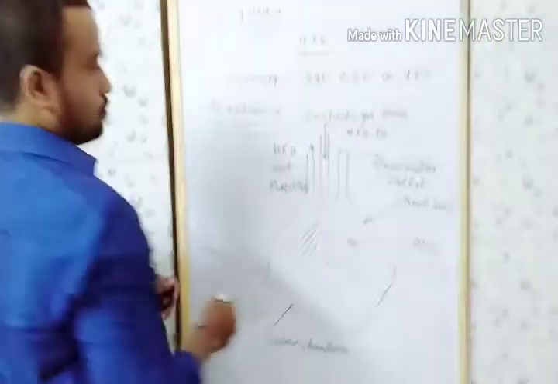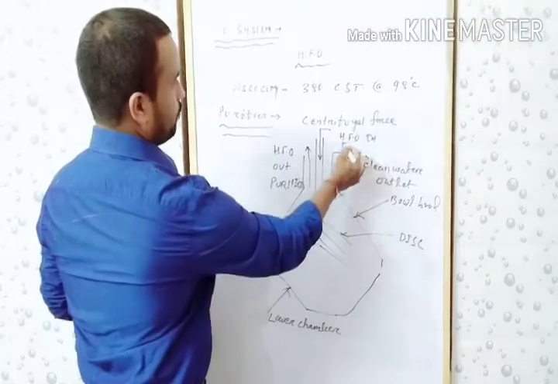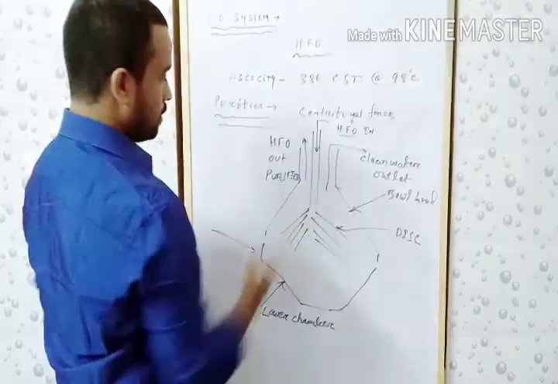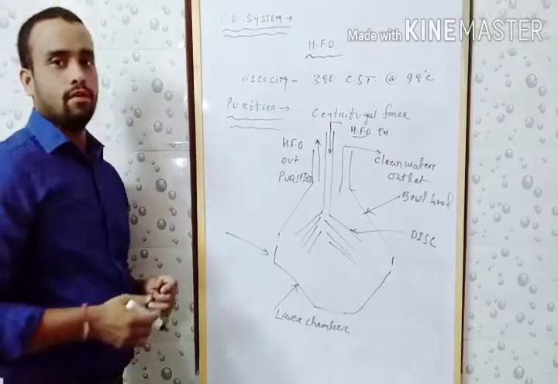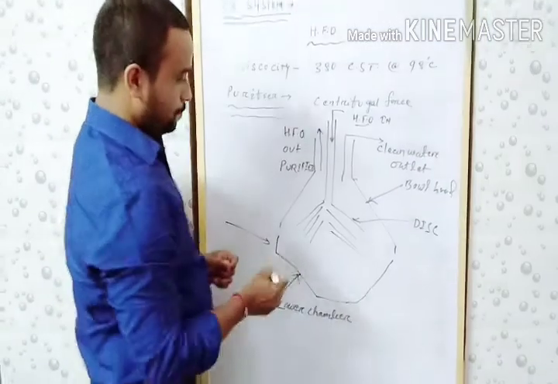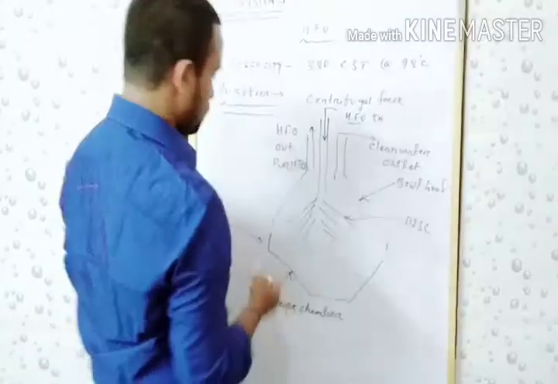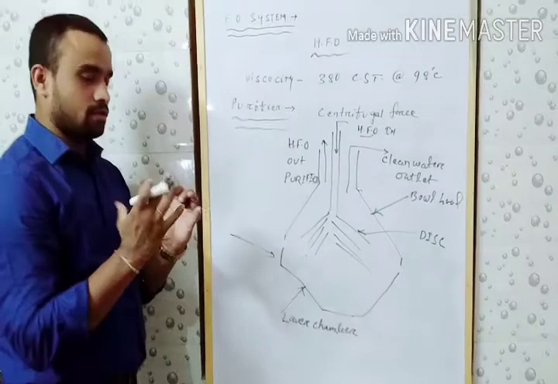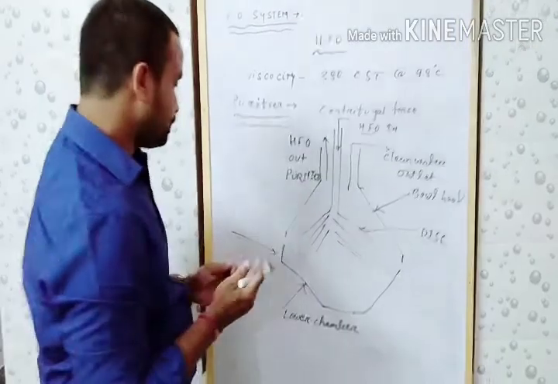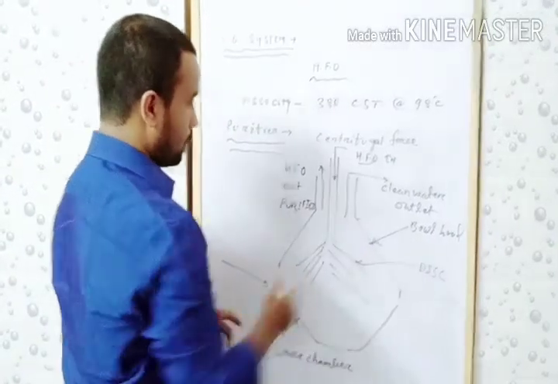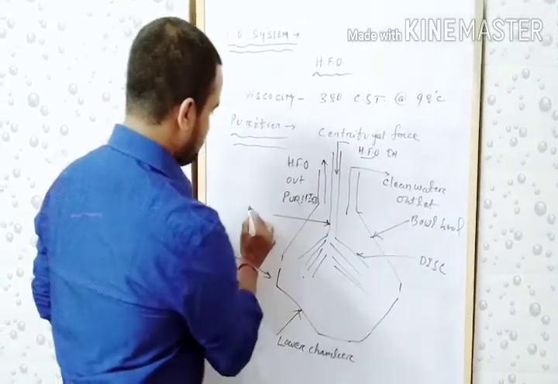Okay. So the heavy fuel oil comes to the purifier, and it basically works on centrifugal force, and these are the discs. Generally they are constructed in a conical shape. This is called the bowl hood, and this is called the inlet pipe.